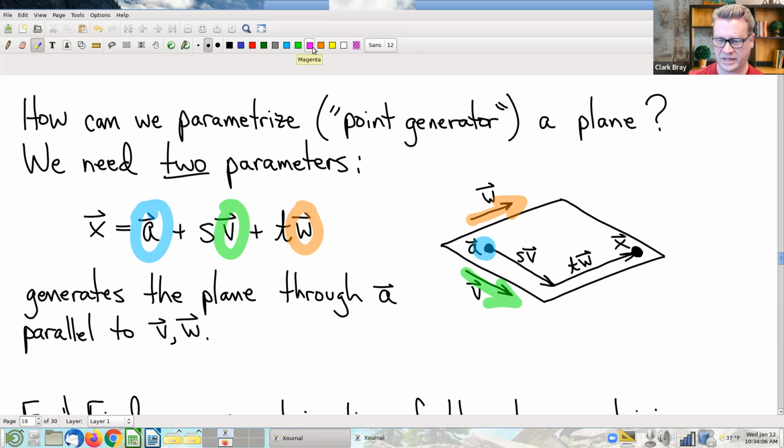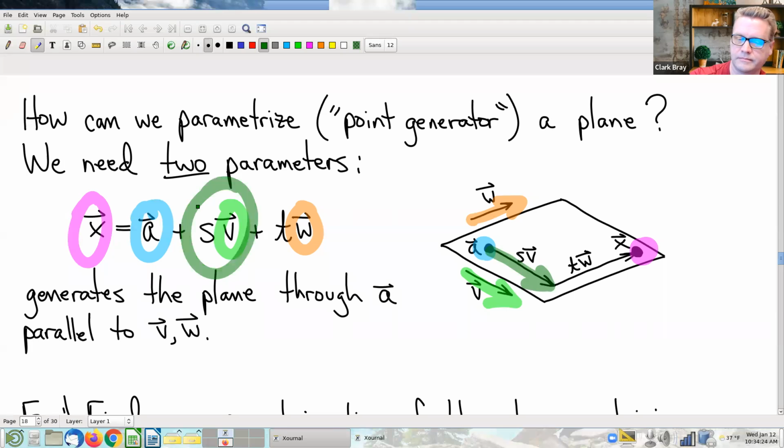In particular, how am I going to get this point? I claim it's a combination of these. Well, I'm going to start with A. To A, notice I can add a multiple of V, and then to that I can add a multiple of W. And as long as I'm adding vectors that are parallel to my plane, if I start in the plane, I stay in the plane, right?